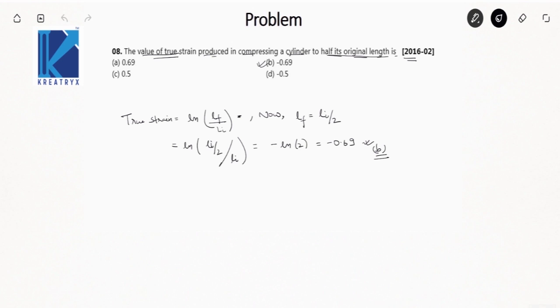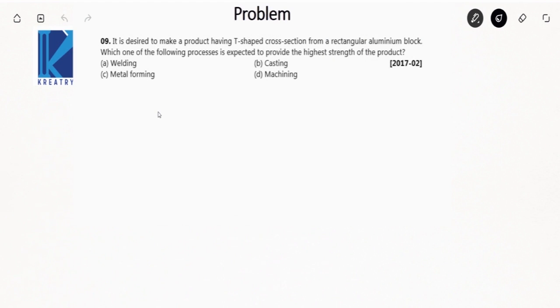Now moving to the next question. It says that it is desired to make a product having a T-shaped cross section from a rectangular aluminium block. Which one of the following processes is expected to provide the highest strength of the product? One thing they have mentioned is that it is an aluminium block.